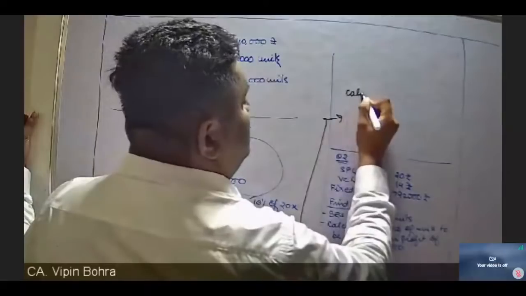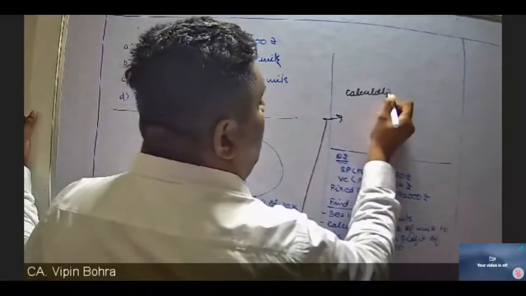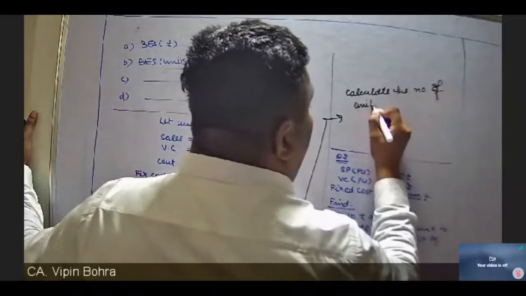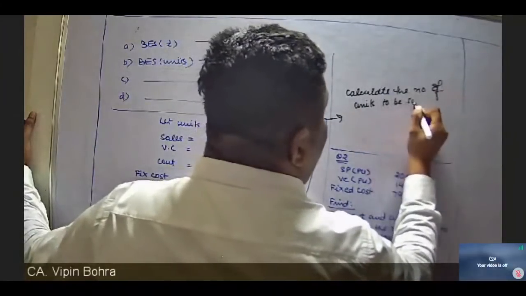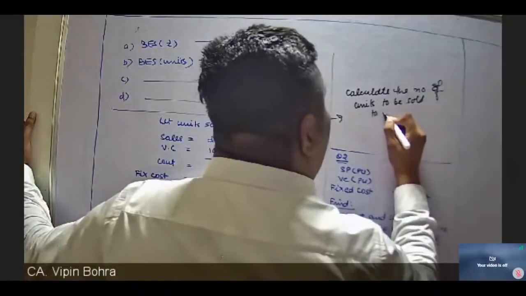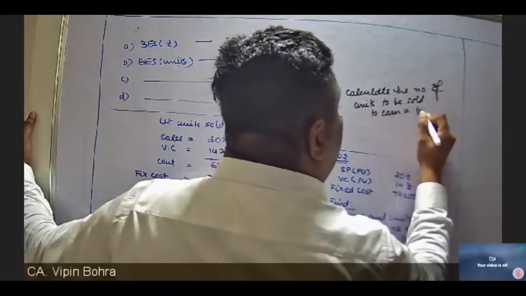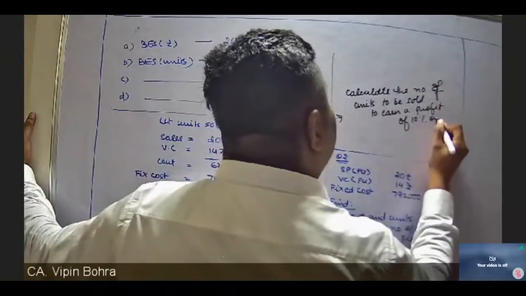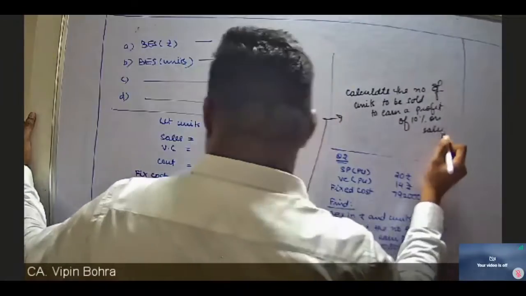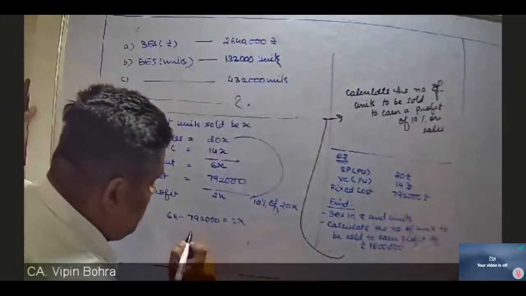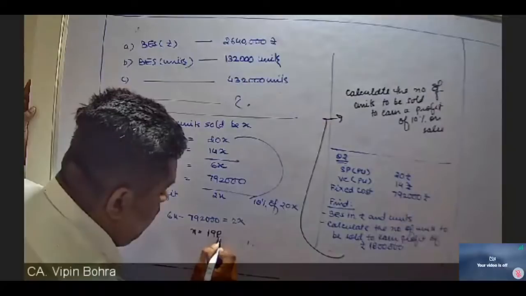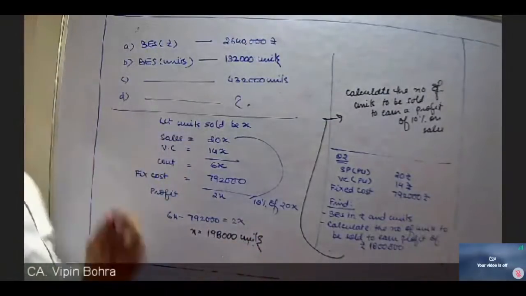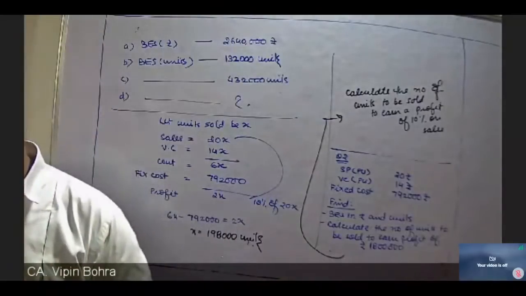The last question was calculate the number of units to be sold to earn a profit of 10% on sales. Hopefully this part is clear now.